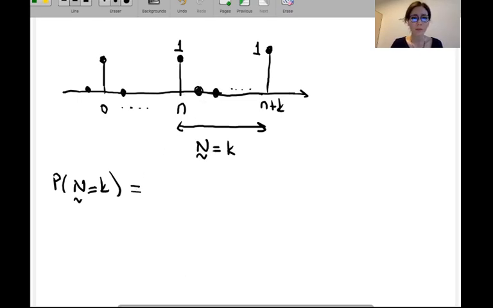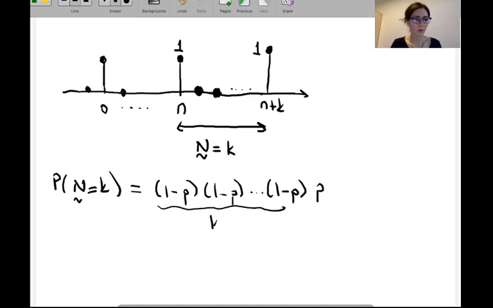Having the 0 value in the next one has probability 1 minus p, right? And then the next one should also be 0, so 1 minus p again. So the next k minus 1 values should each have probability 1 minus p. Finally at the kth trial you got 1, which has probability p. You have k minus 1 of these, so this gives you (1 minus p) to the power k minus 1, times p. This is the probability distribution of the amount of time that passes between two successive 1 values of the process.